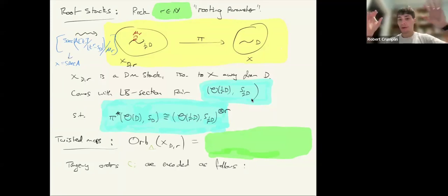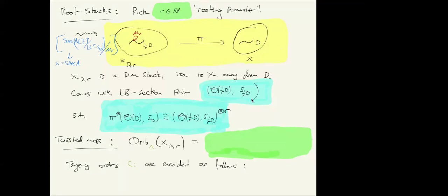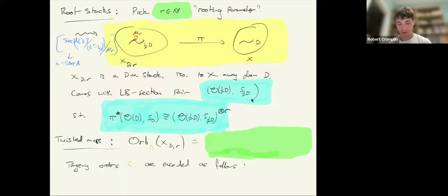So this big block at the top is what X_{D,R} is. It's a quotient of a cyclic degree R cover by the roots of unity. Okay, I see, so there's an additional quotient. Okay, thank you.